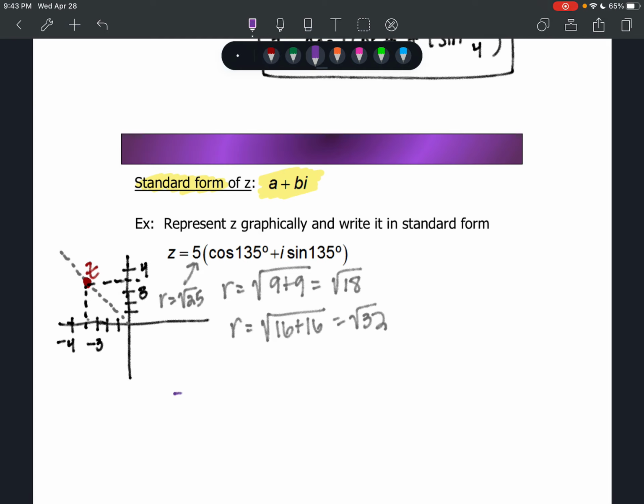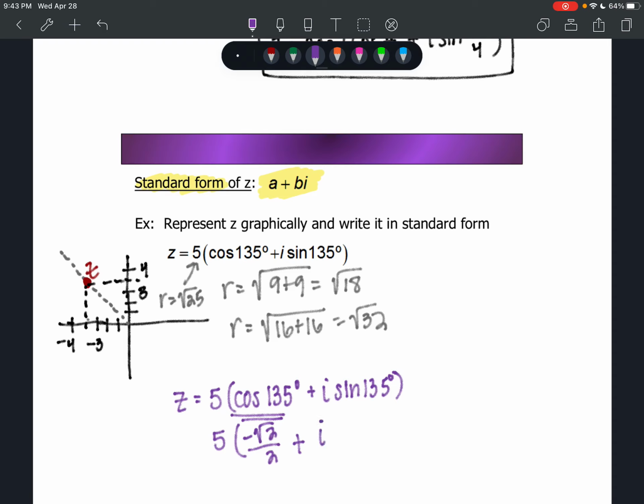So when we write z in standard form after being given trig form, all we have to do is distribute. So I've got the cosine of 135 degrees. Well, that's quadrant 2, and it's a 45-degree angle in quadrant 2, so it's going to be negative square root of 2 over 2.